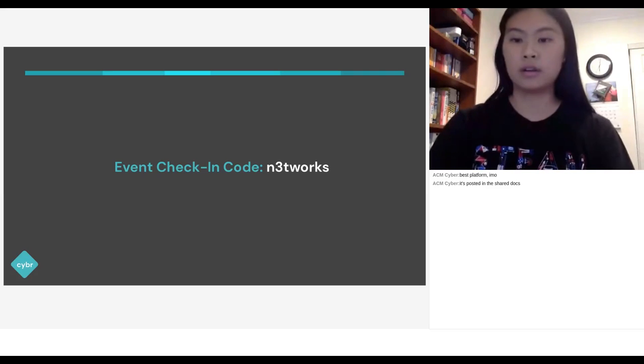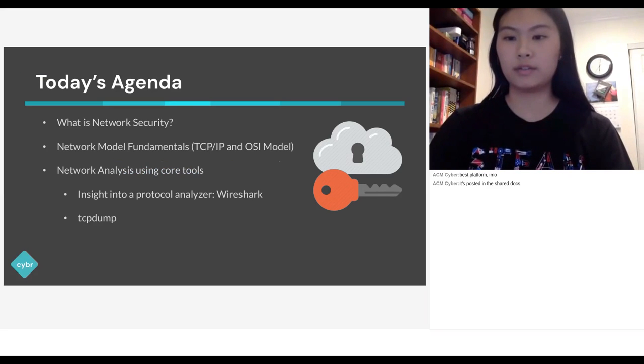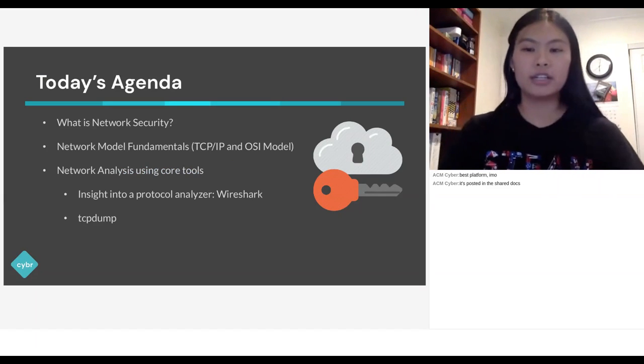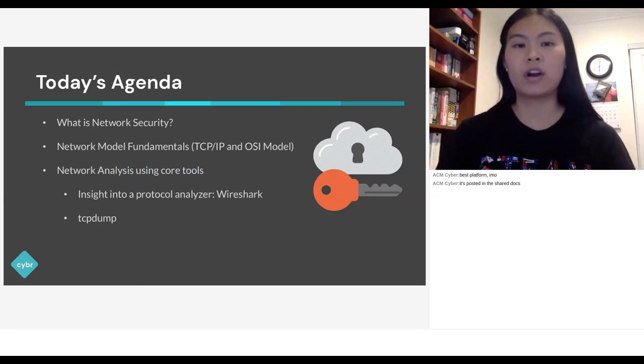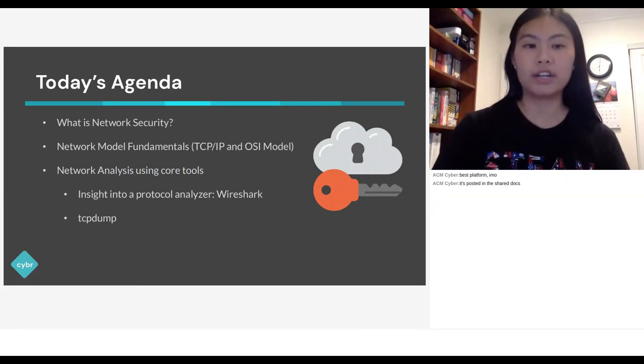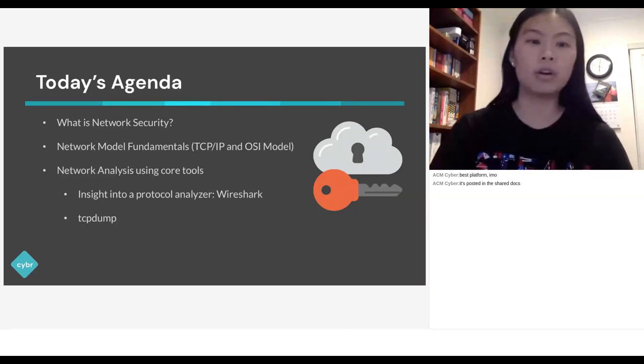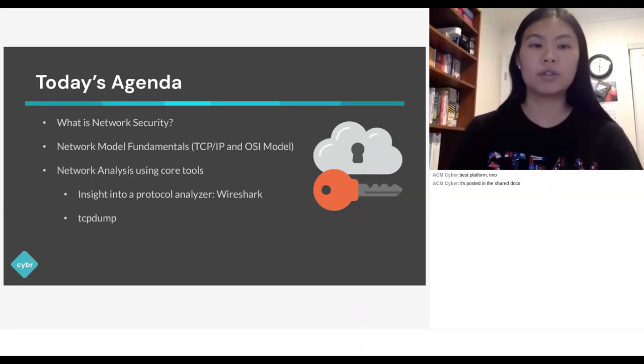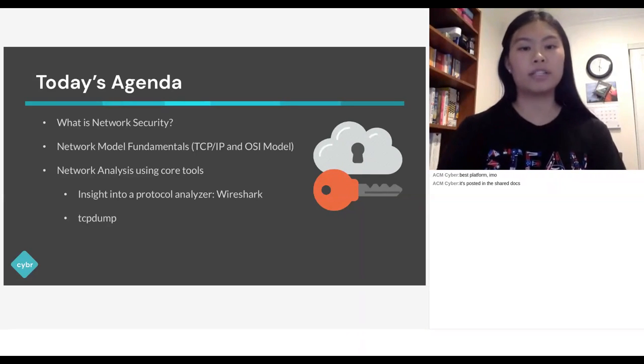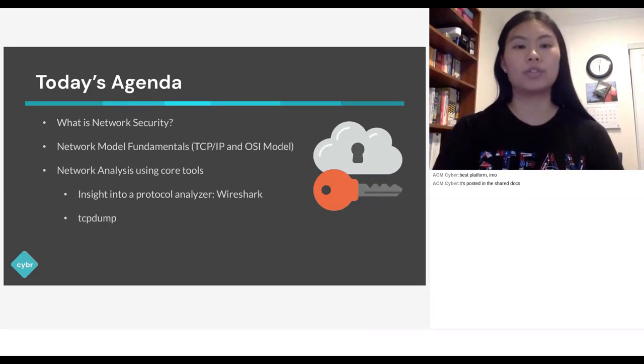Okay, so I'll just get started. Today's agenda: I'm going to cover the overarching question of what network security is. Then I'll go into network fundamentals, explaining network models, which are conceptual designs of how a computer network is supposed to operate, so how you deliver packets from one host to another.